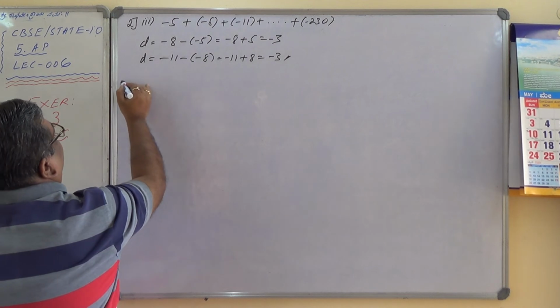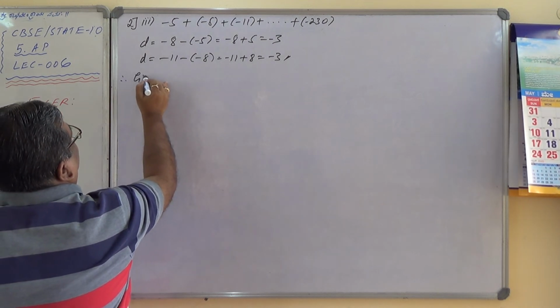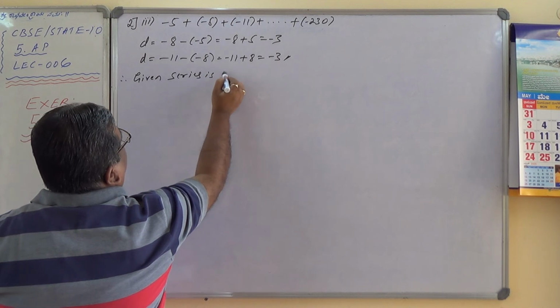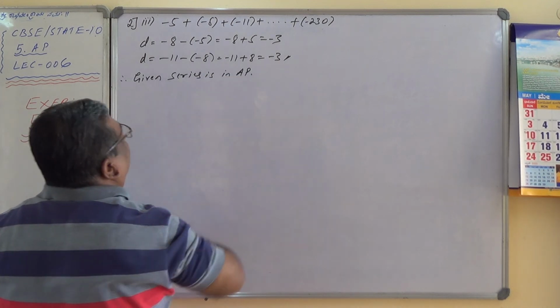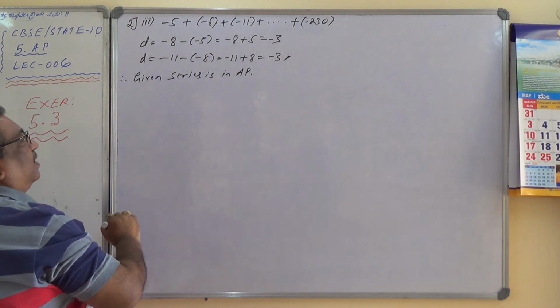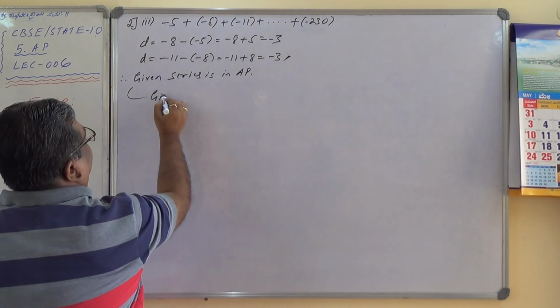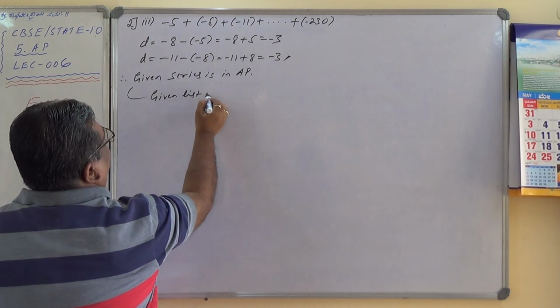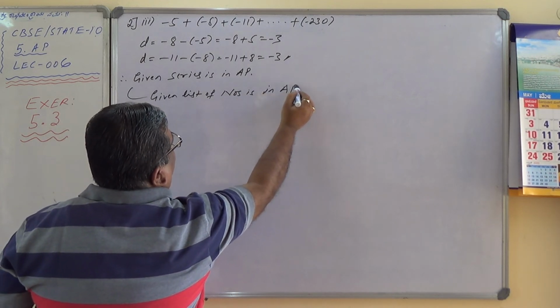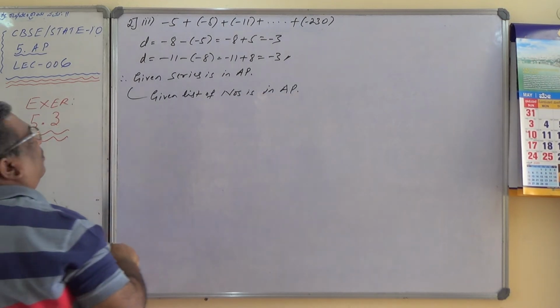Therefore the given series, or the given list of numbers, is in AP, and therefore we can apply the formula over here.